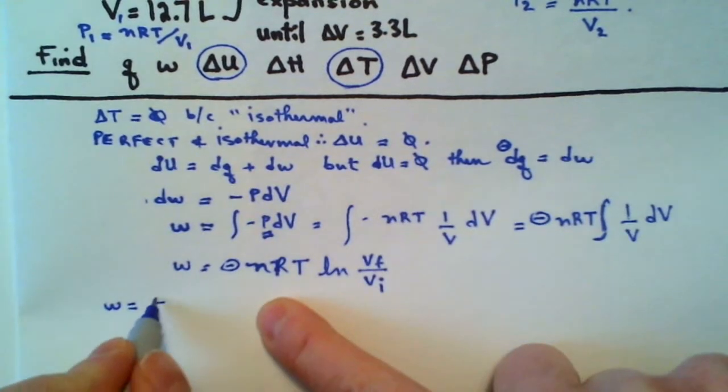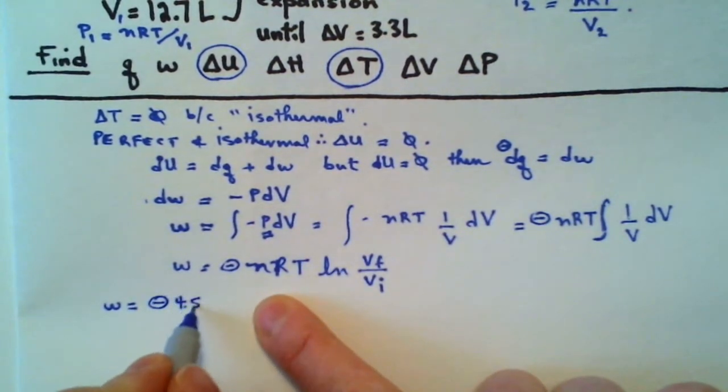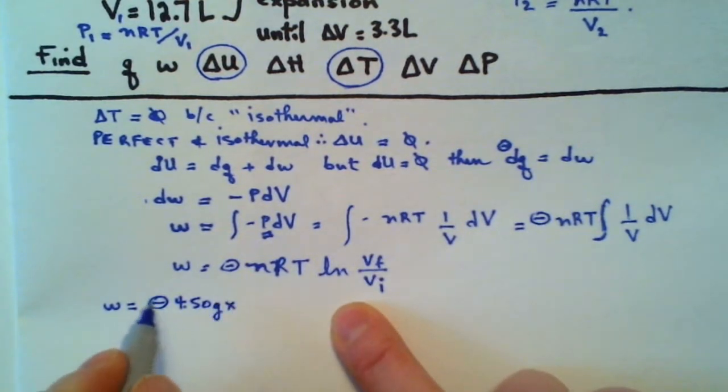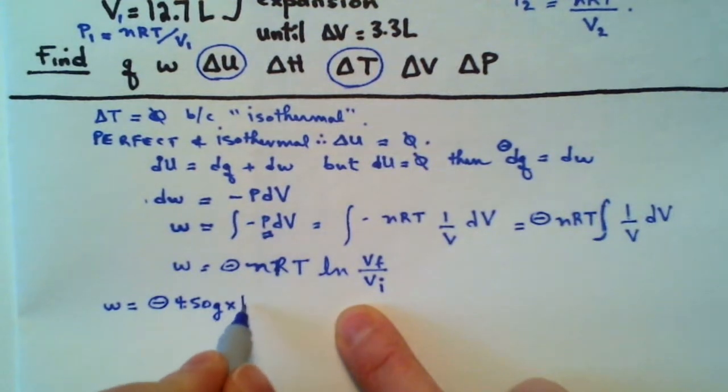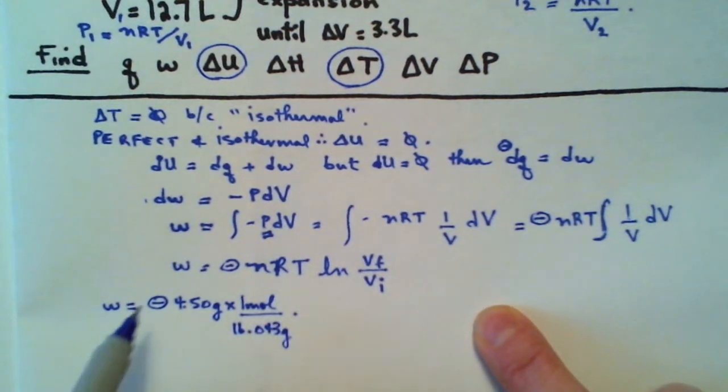Work then is equal to, there's my negative sign, my n, I didn't actually calculate that above, so I'll rewrite it: 4.50 grams times 1 mole over 16.043 grams. Which value of R do you want?